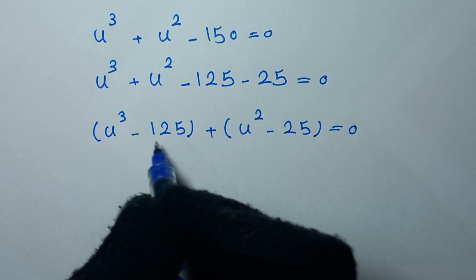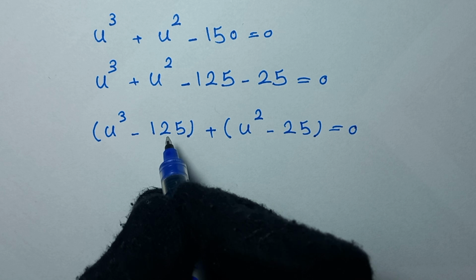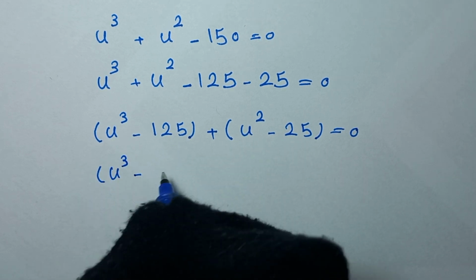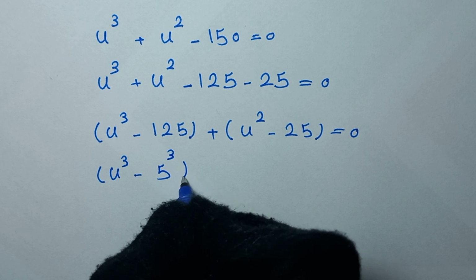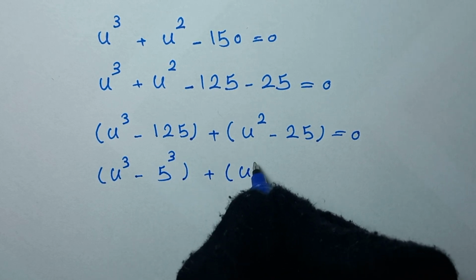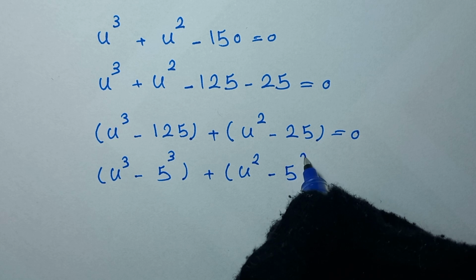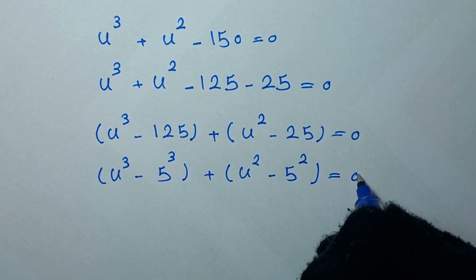We can write 125 as 5 to the power of 3, so u cube minus 5 to the power of 3, plus u square minus 25, and we can write 25 as 5 to the power of 2, is equal to 0.